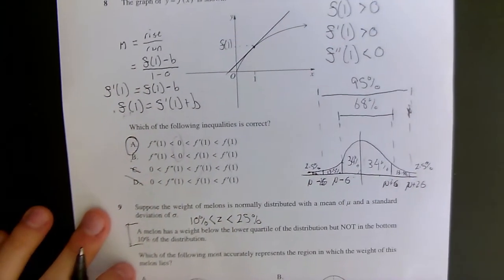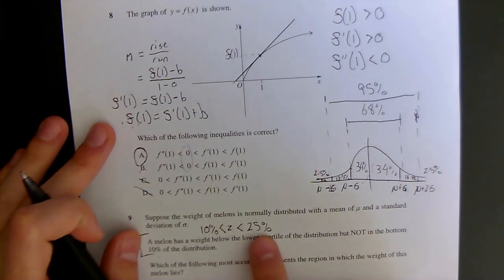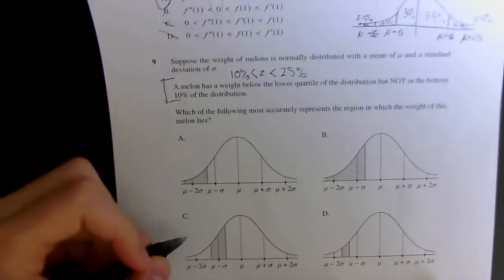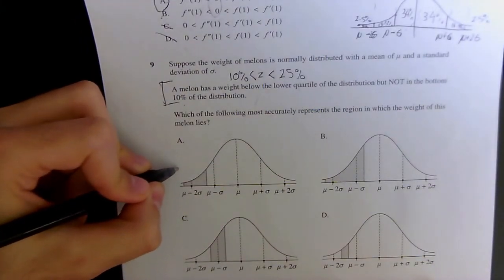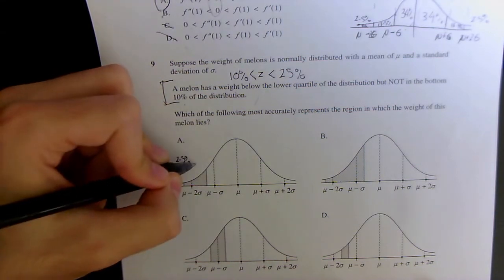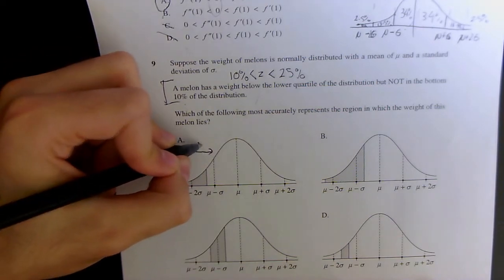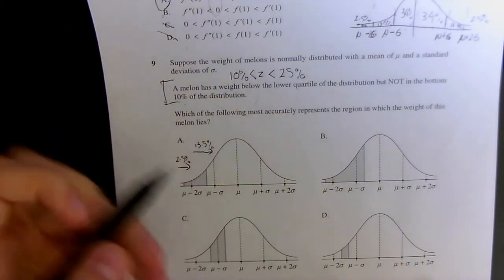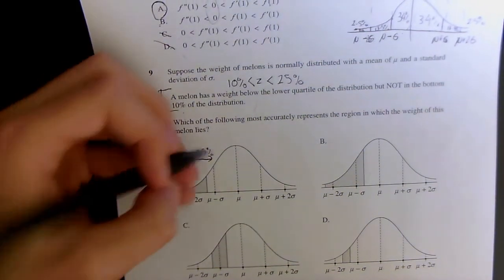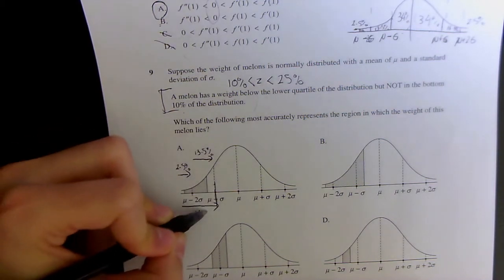So what we can see is that we need to be above 10% and below 25%. Up to this point, that's 2.5% of the data. If I go a step further, that's an extra 13.5%. So if I add these two things together, I'm going to get 16% of my data. So up to this line, that's 16% of the data.